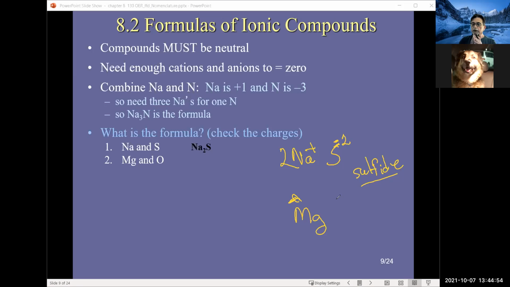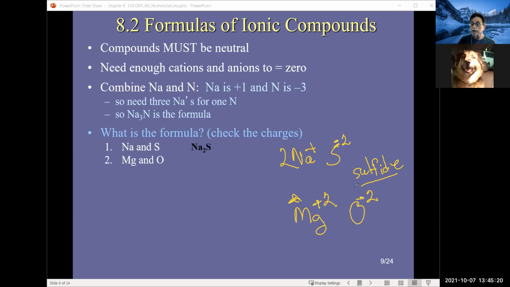Magnesium, find it on the periodic table. It's in group 2. It is one in the sweet 16, for example. So we don't have to give any Roman numerals. We know it's in group 2, so it's going to have a +2 charge. We look for oxygen. It's in group 6, like sulfur was. It will have a -2 charge.